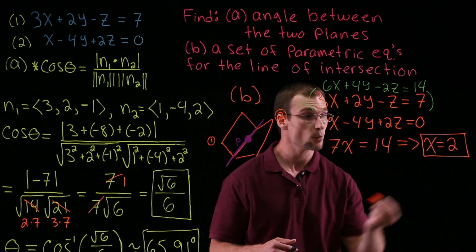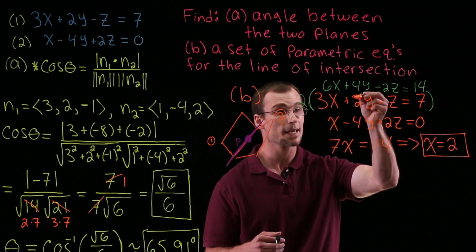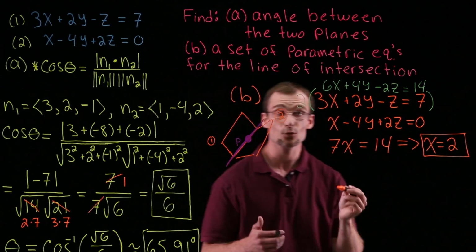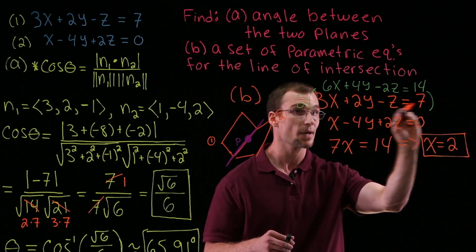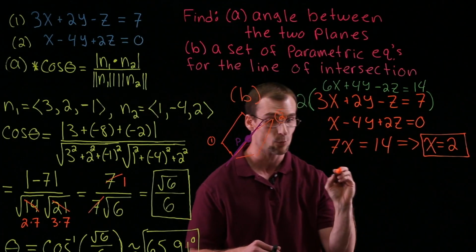Now to find y and z, we can take the value 2 and plug it back into one of the two equations. It doesn't really matter which one. We'll plug it back into the original first equation, the top one.